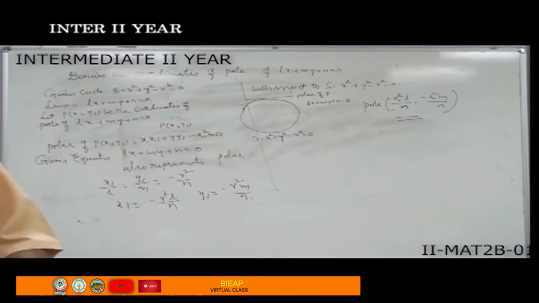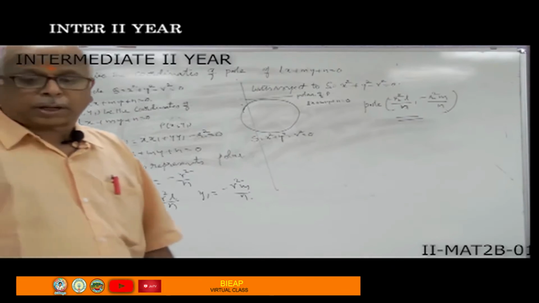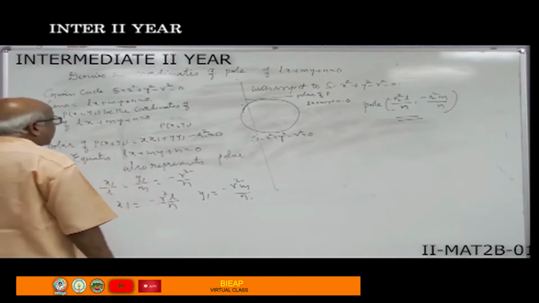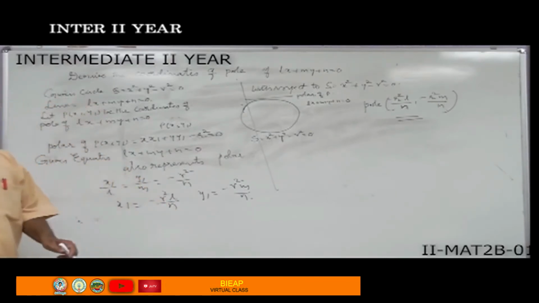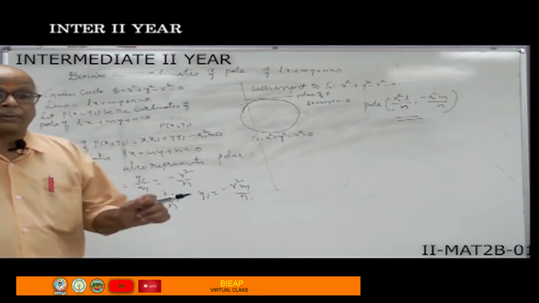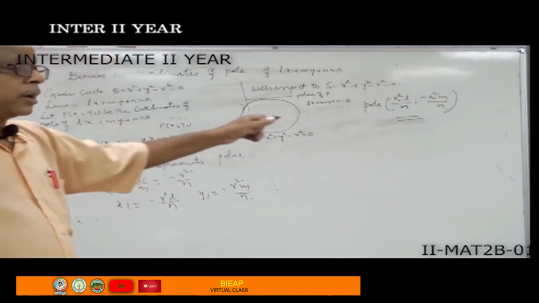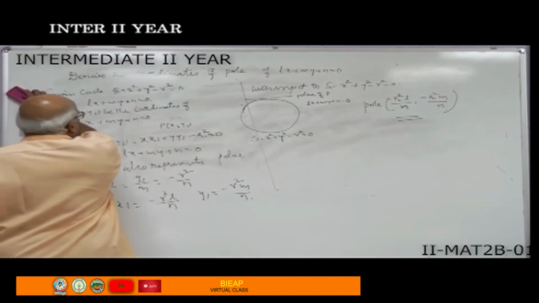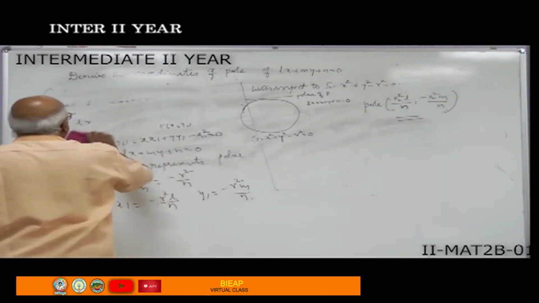When the pole is given, we determine the polar equation, and when the line is given, to determine the pole coordinates we can take minus r square L by n, minus r square m by n. The same procedure may be adopted even in the case of the general circle x square plus y square plus 2gx plus 2fy plus c equal to 0.